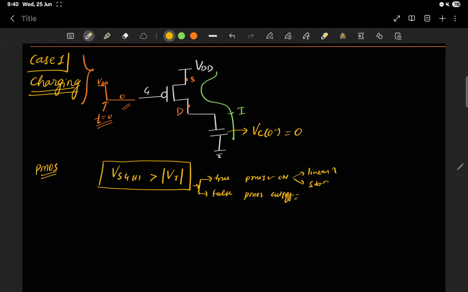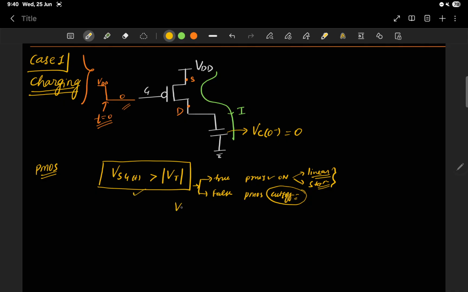We are not deciding whether it is in linear or saturation. My main point is that it shouldn't be in cutoff. My PMOS should be on, and this should start charging. So let's calculate this one.